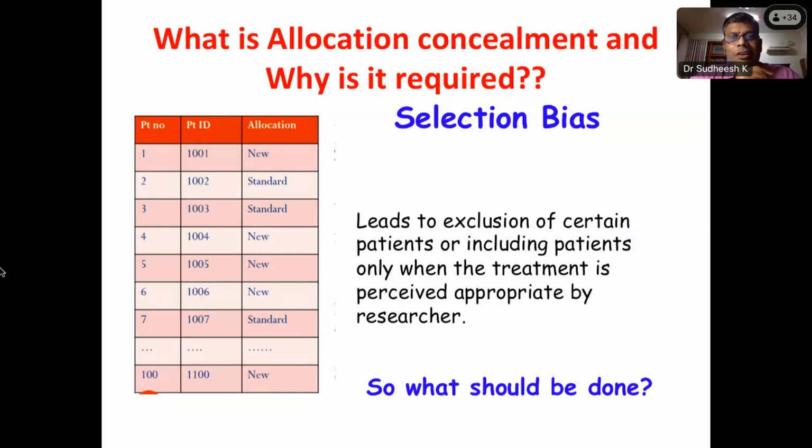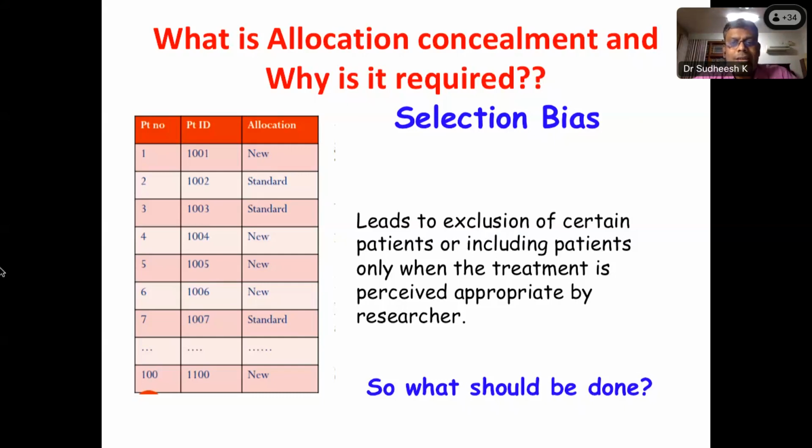Ideally he's assigned to receive femoral nerve block as per the group allocation. But because this patient has got 2 fractures, I say, okay, today we don't want to, we'll make him a control group. So what I'm doing here is I'm violating the randomization and I'm trying to put in a bias, that is selection bias. I'm personally intervening and creating a selection bias.